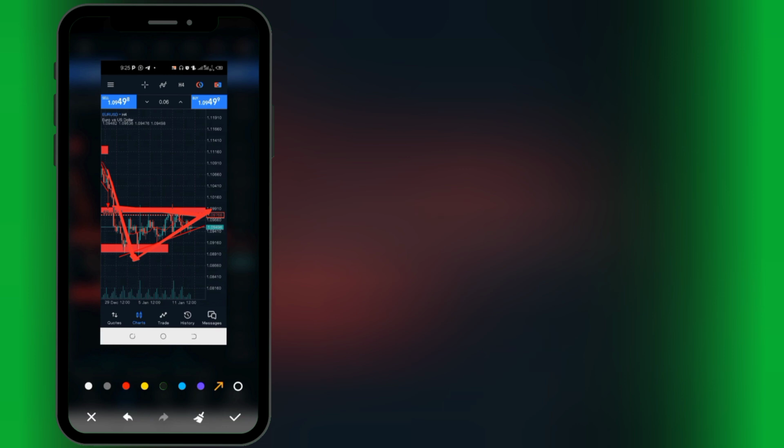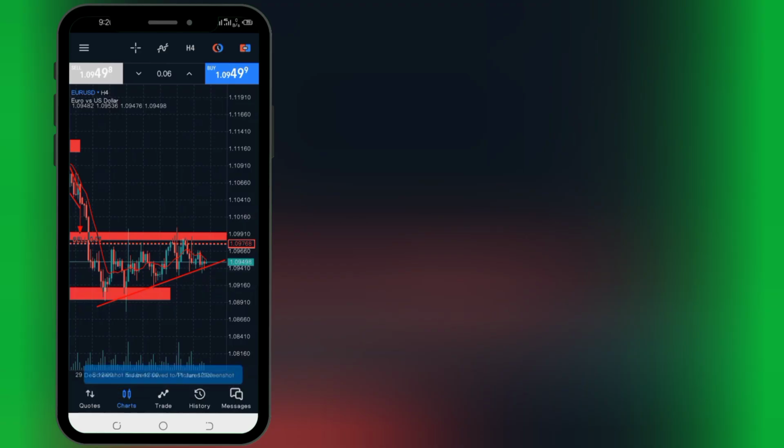I set my stop loss around somewhere here. Right now I'm just waiting for the market to break out of this zone. I'm not going to close this trade. I'm just going to leave it like that.